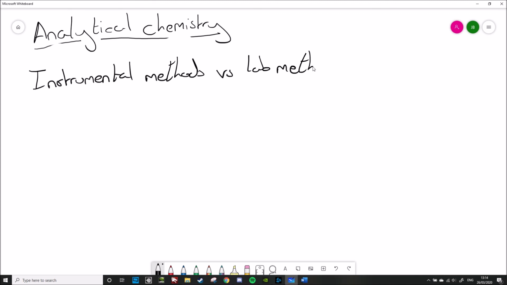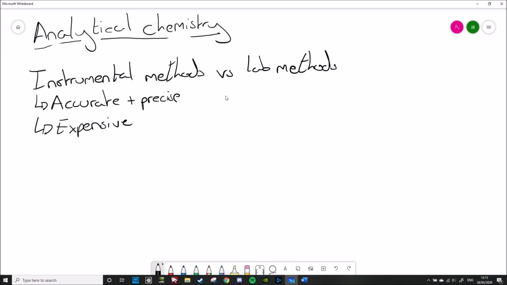What you're doing in all of the practicals you would have done will be different to what they will do in an actual university style lab. They'll do what we call instrumental methods. Now these are accurate plus precise. However, they are expensive. And that's some of the key differences between instrumental methods and lab methods.